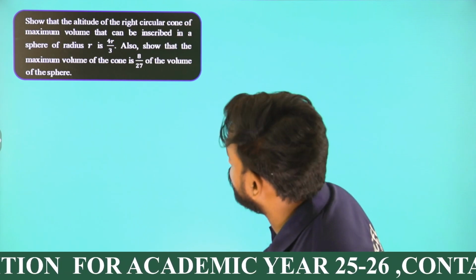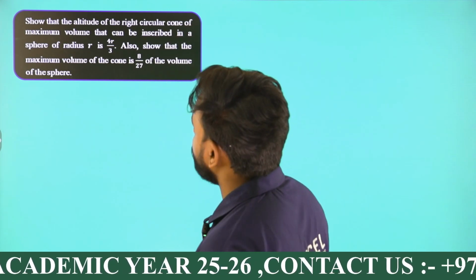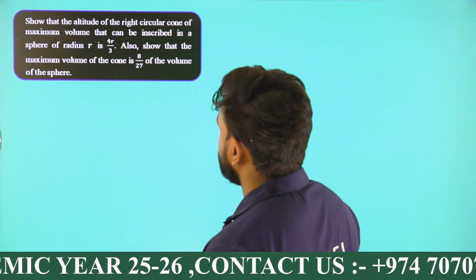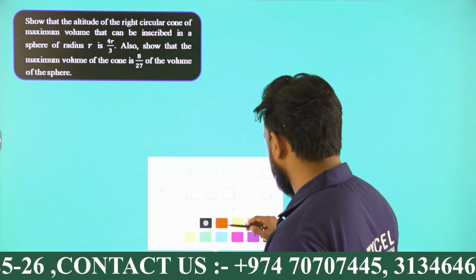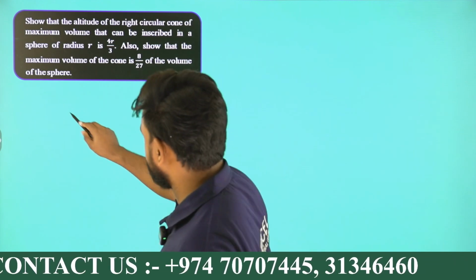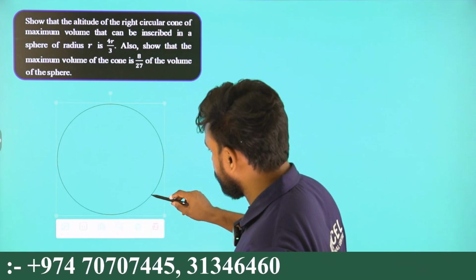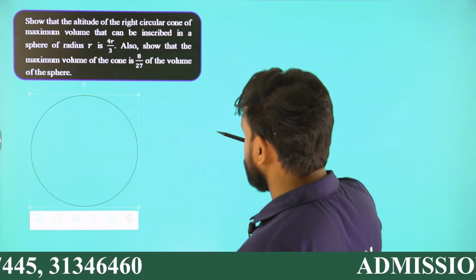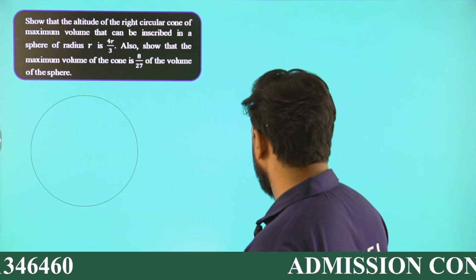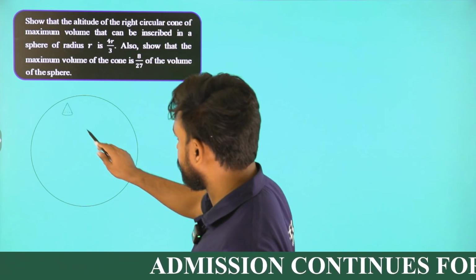The question is, show that the altitude of the right circular cone of maximum volume that can be inscribed in a sphere. Let me explain the question. There is a sphere, and inside it there is a right circular cone.